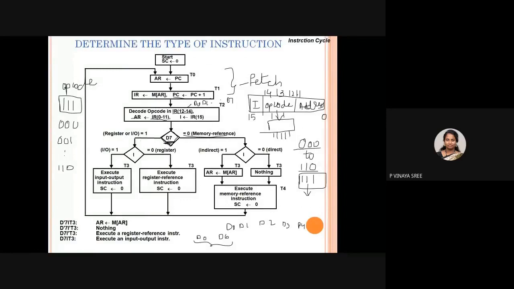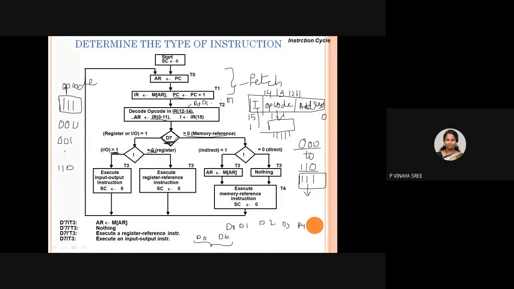Again, to find out whether it is an input output instruction or a register reference instruction depends on this I, the 15th bit we placed in I. If I equals 1, it is an input output instruction. If I equals 0, it is a register reference instruction.